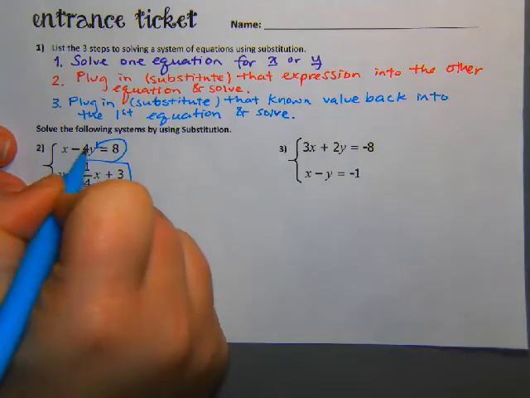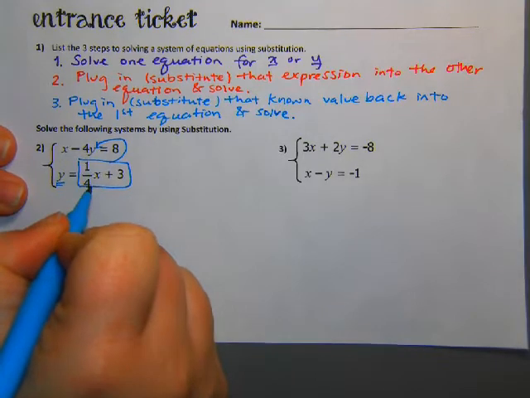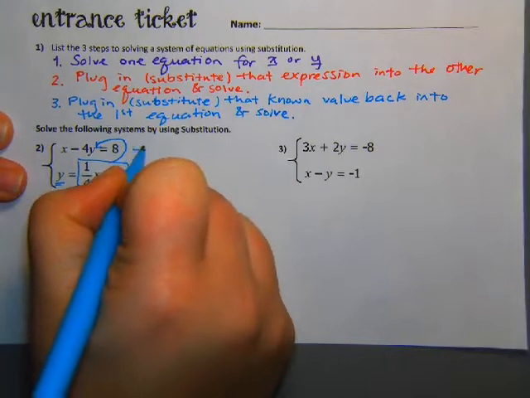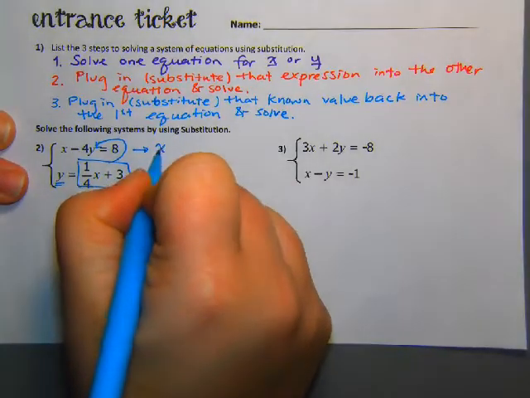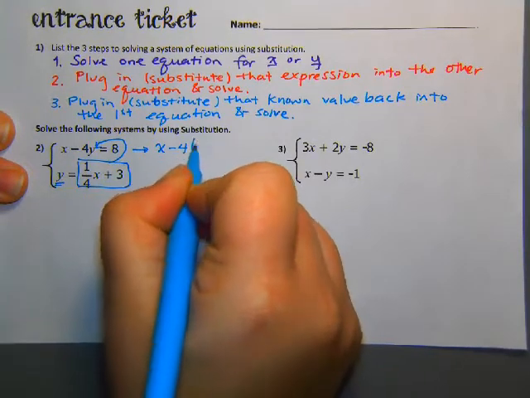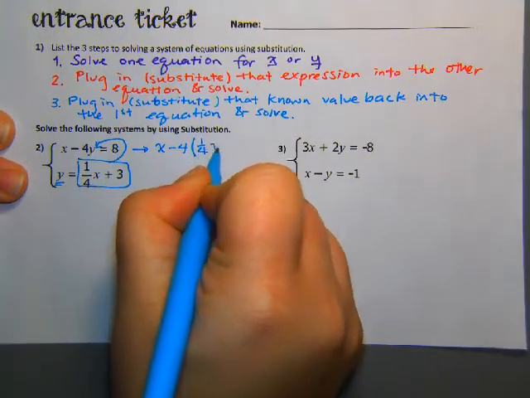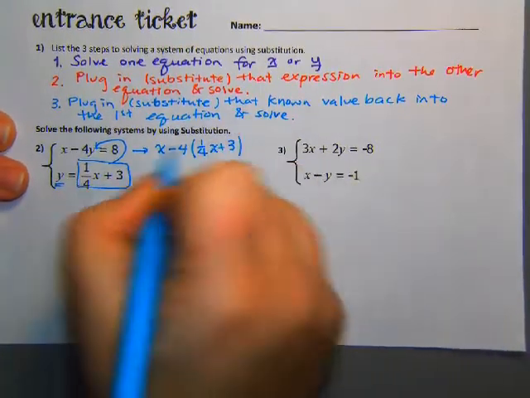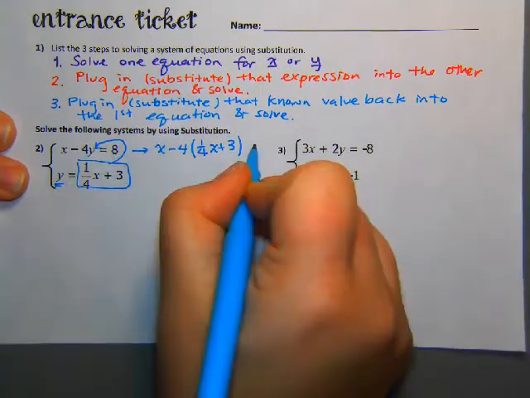So this y will be replaced by everything in this box. I'm going to write this off to the side: x minus 4, and then instead of y, I put all of this, parenthesis, 1/4 x plus 3, close the parenthesis, and then continue equals 8.